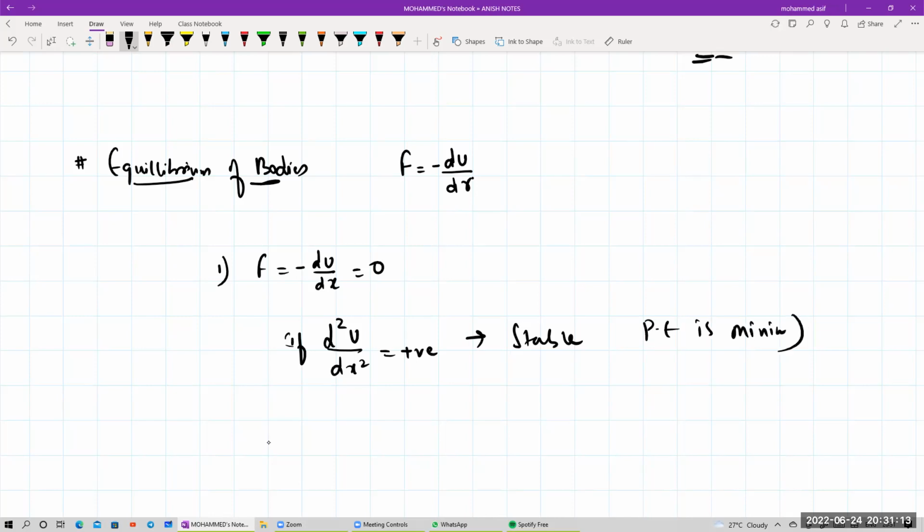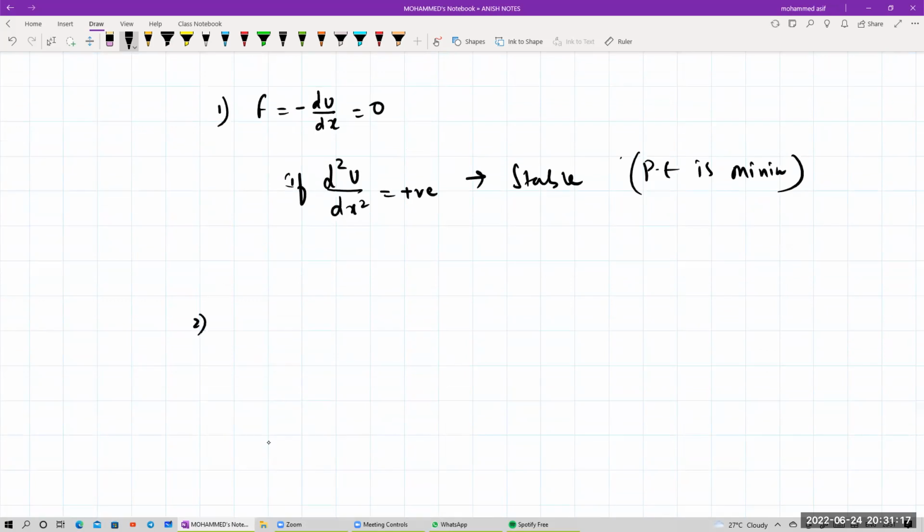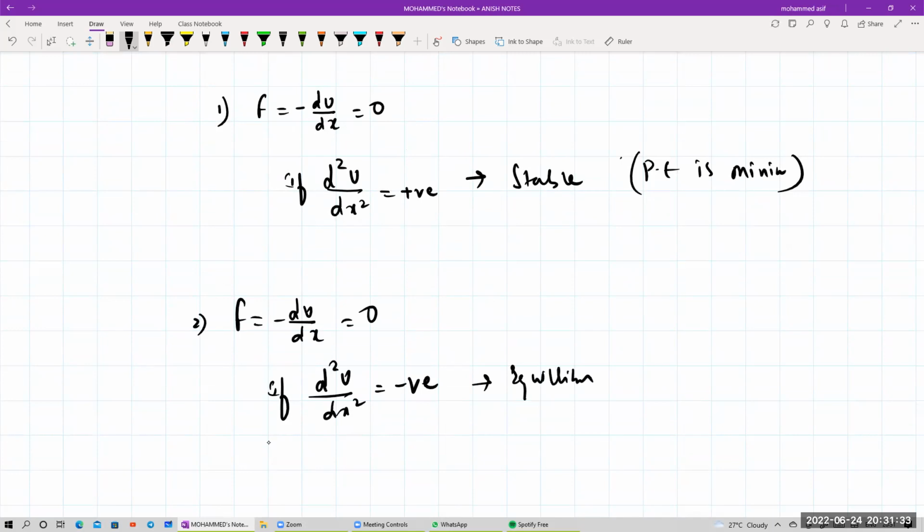Clear? He has already asked regular questions in Mains on advanced thinking. In the same way, F is equal to minus dU by dx is equal to 0, and if d square U by dx square comes out negative, then the equilibrium is unstable equilibrium. Clear?